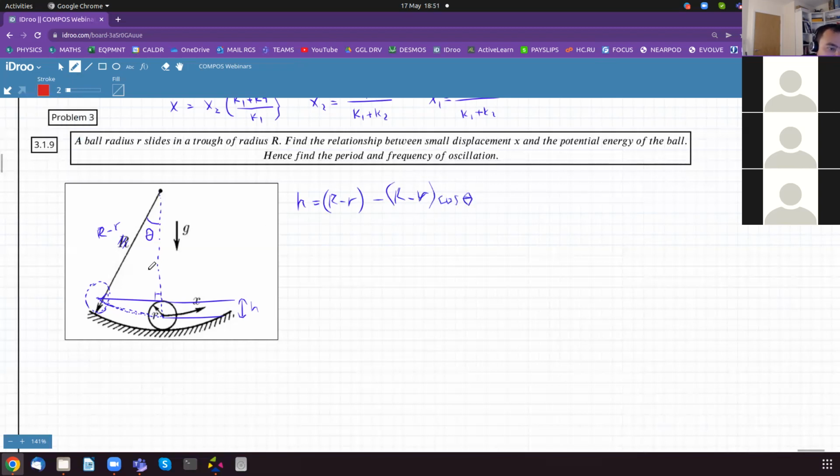How did I establish that? Well, if this is R minus r, this is R minus r cos theta.